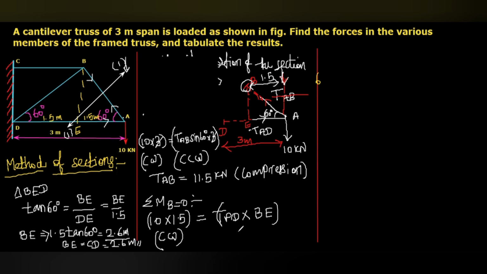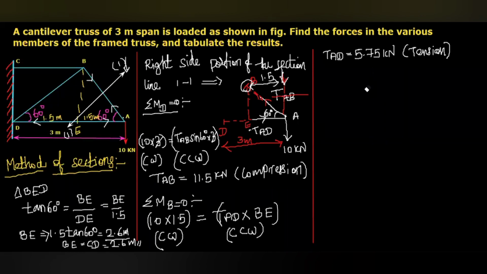So if you substitute and simplify, this is counterclockwise, we got the value of TAD equal to 5.75 kilonewton. Here you can see for the point A it is inward, so for point D also it is inward. So this will be tensile in nature.